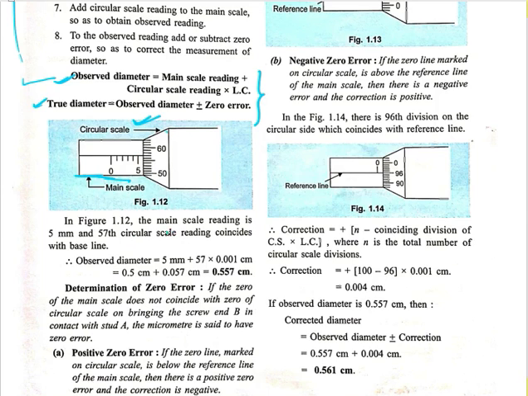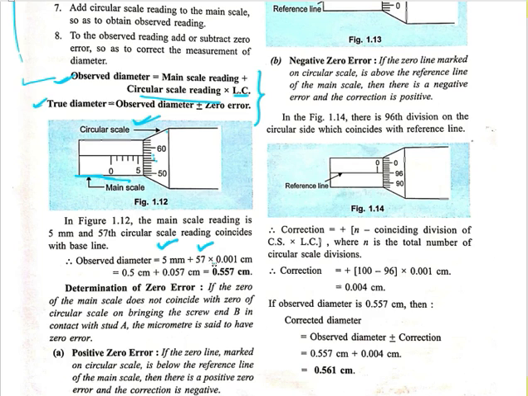The main scale reading is 5 millimeter, and the 57th circular scale division coincides with the baseline: 55, 56, 57. The 57th is coinciding. So our observed diameter will be the main scale reading, 5 millimeter, plus the circular scale reading, 57, times the least count.